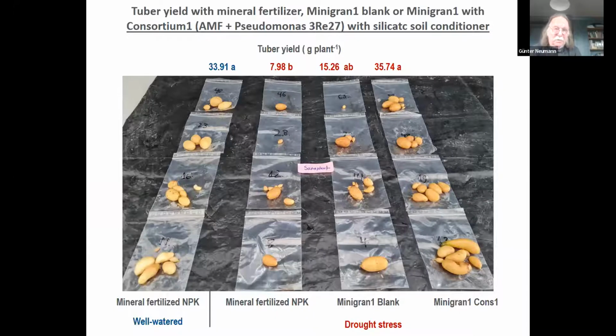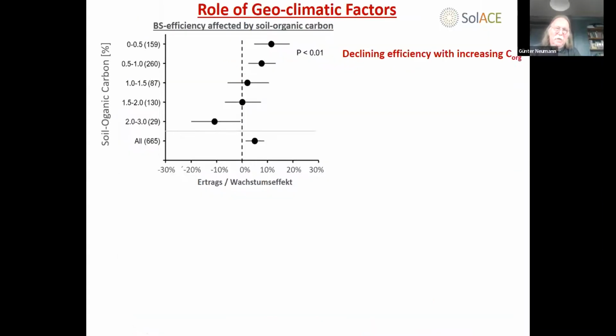And this was finally the results on the tuber yield. Here under the controlled conditions we have the well-watered controls, here the formulations without the microorganisms, and here the combination with the microorganisms. Of course, there are certain other effects affecting the performance.